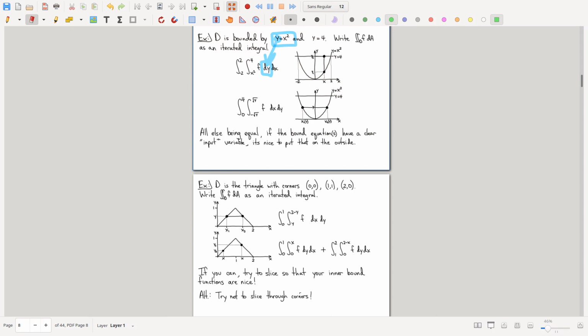I can't say that this is always the case, but the good news is it is usually, at least in my experience, the case that when this point of view about input and output variables gives a suggestion for which way to slice, and when this corner business gives a suggestion for which way to slice, in most cases, they suggest the same order of slicing. So you don't need to worry so much about these conflicting with each other. If they both come up, then they tend to both agree.